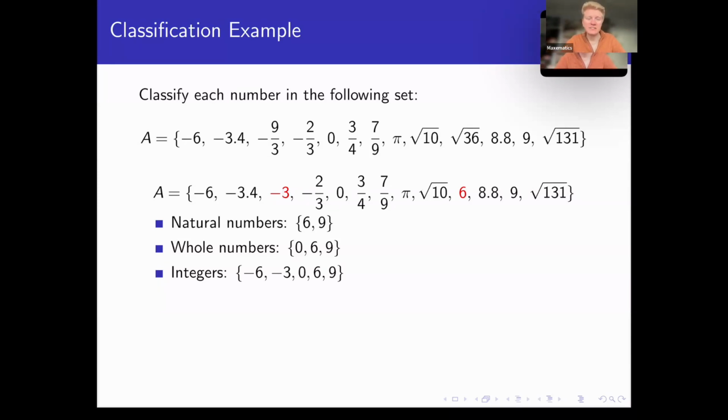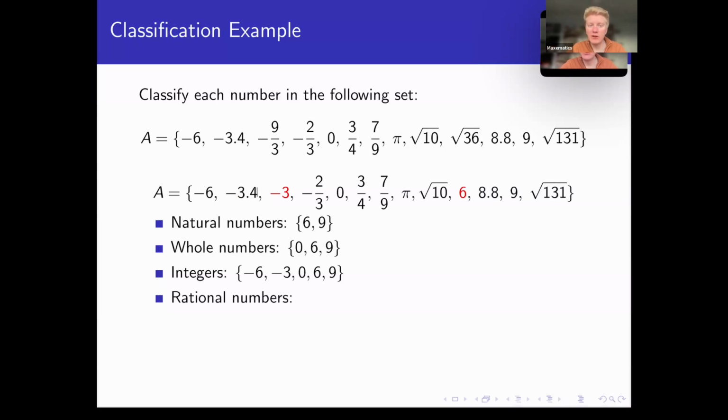Okay, the next extension would have been the rational numbers. The rational numbers are any numbers that can be written as fractions. And part of our simplification process is that we already picked out the things that can be written as fractions or simplified those kind of things. So let's go through. Well, negative 6 is an integer. It is a rational number.